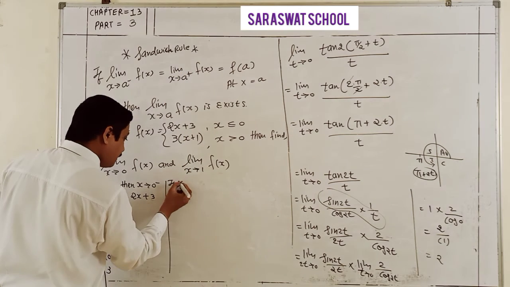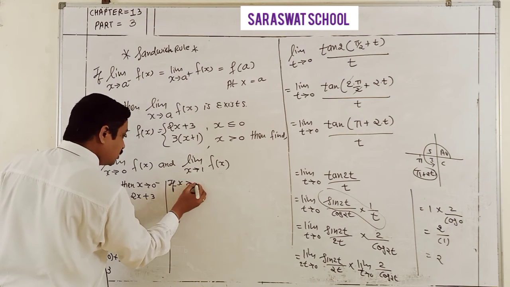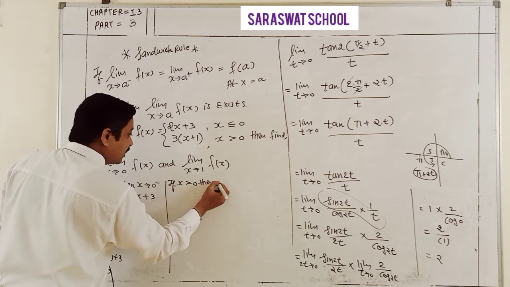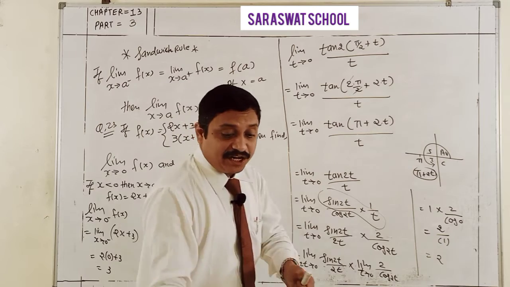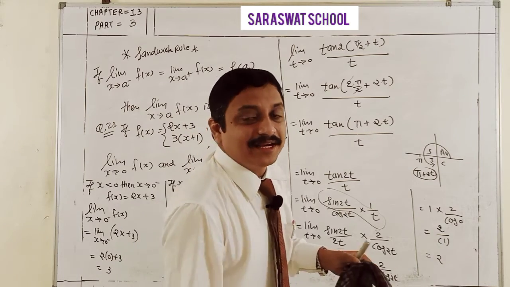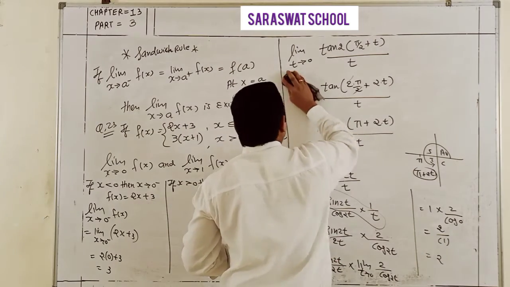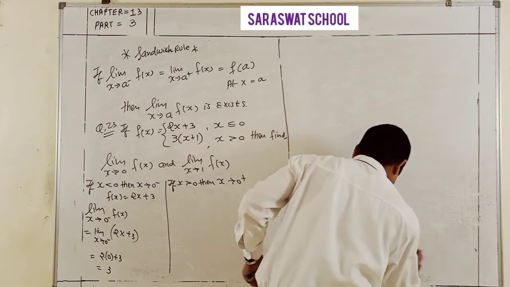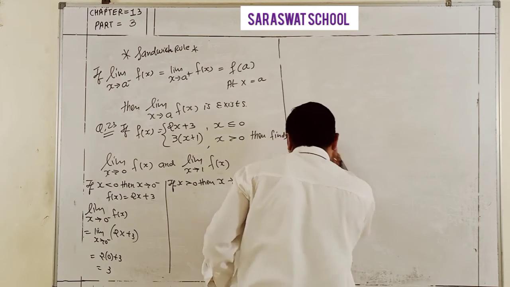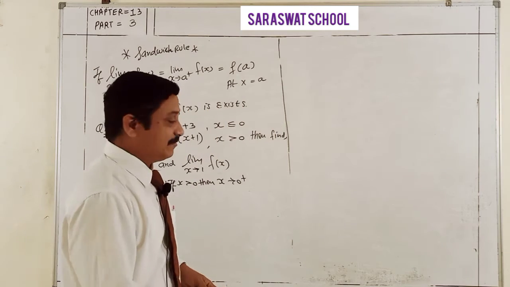Same, now I will go to the right hand side limit. If x is more than 0, then x tends to 0 positive. Positive indicates, students, only and only a right hand side limit. They should indicate only right hand side limit for positive, and minus indicates left hand side limit.